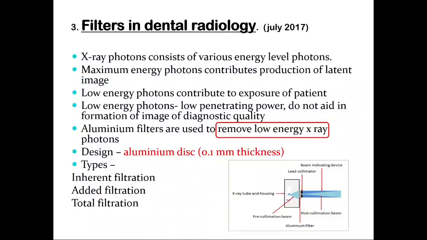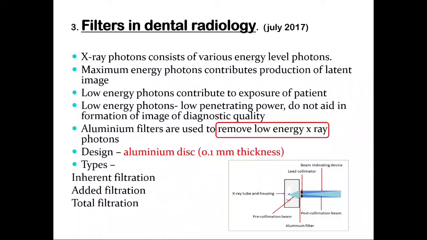Next is about the filters in dental radiology, which I have already explained in the previous session. What are the filters that have been used? Here we use aluminium filters, which are 0.1 mm in thickness, and we have three types, that's the inherent filters, added filters, and the total filtration. Inherent, as I said earlier, is the insulating oil as well as the vacuum, which is found within the glass tube head.